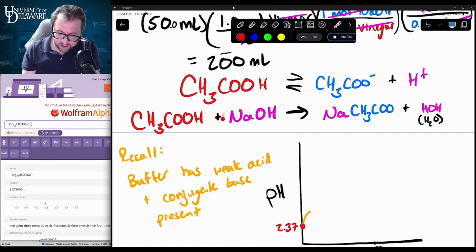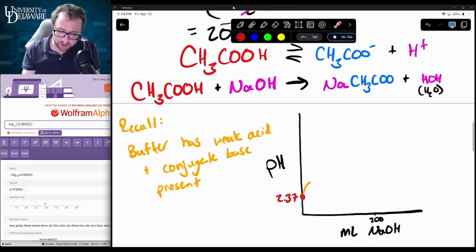And if we remember our solubility, we know that sodium species are all super soluble, so this will separate into solution and make CH3COO minus. So after adding some amount of sodium hydroxide, we end up with a solution that has a weak acid and the conjugate base present. So now we have a buffer.